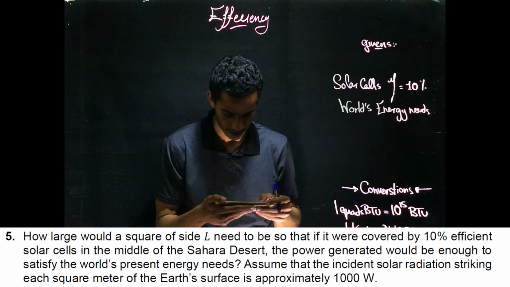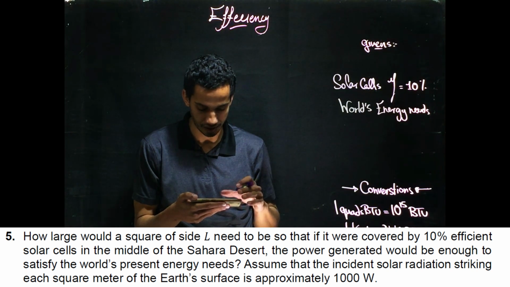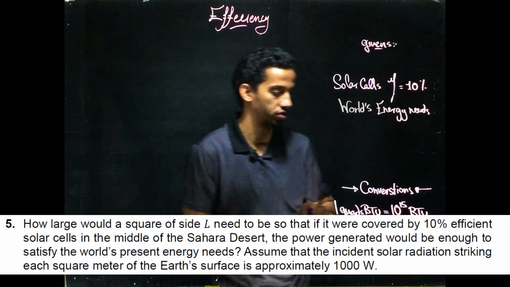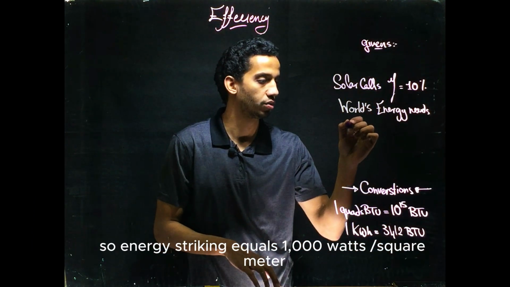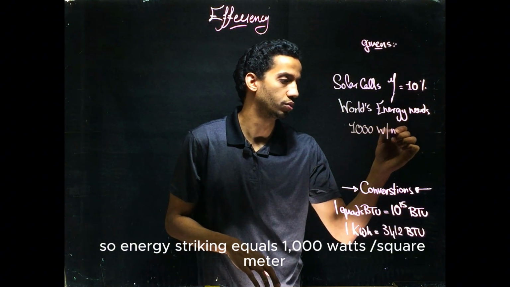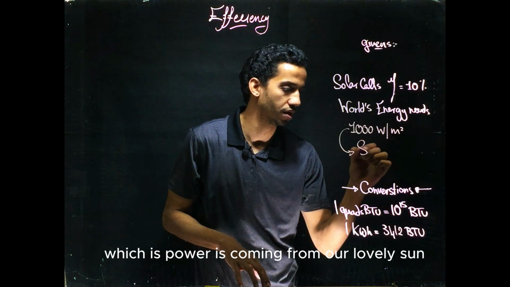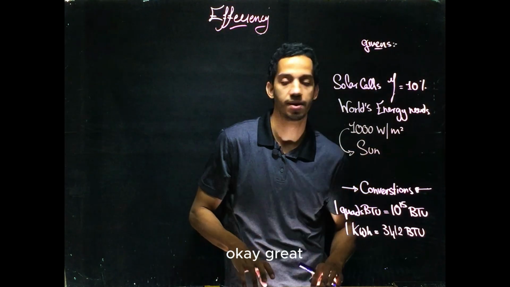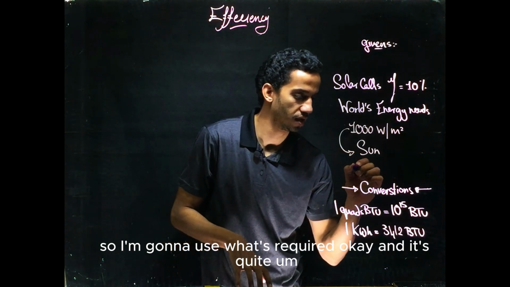Assume that the incident solar radiation striking each square meter is approximately 1000 watts. So energy striking equals 1000 watts per meter squared. This power is coming from our lovely sun. Great, so I'm going to use what's required.